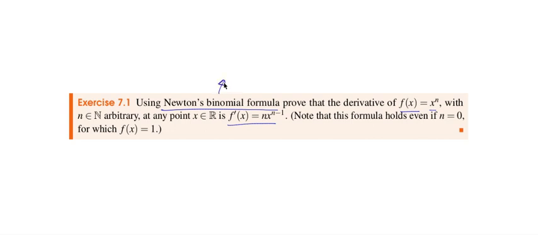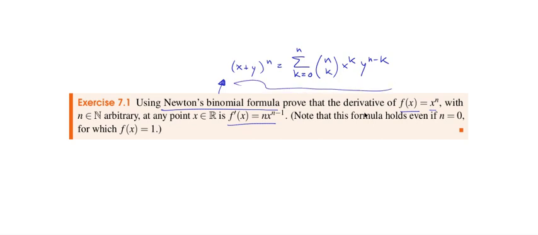Remember that Newton's binomial formula is: x plus y to the n is equal to the sum from k equals 0 to n of n over k, the binomial coefficients, times x to the k, y to the n minus k. Let me write this later. You have to use this one and prove that this is true.